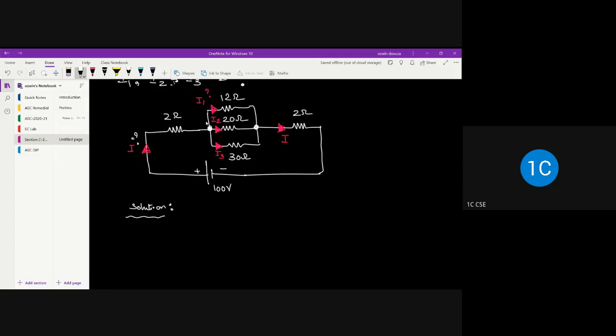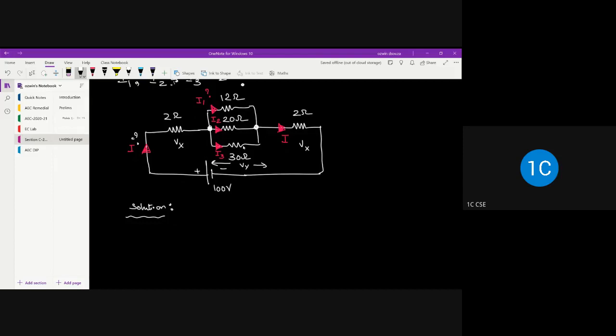The second way will be finding out the voltage drop across this 2 ohm, and the remaining drop, let's say Vy, you can find. Having known the voltage across this parallel combination, you will be able to find the currents.